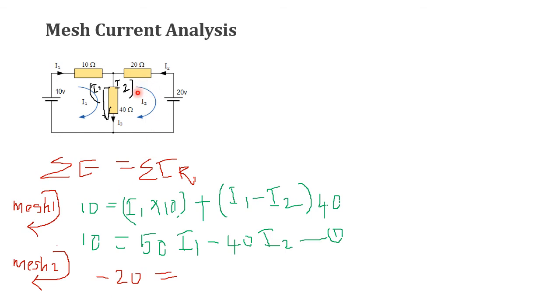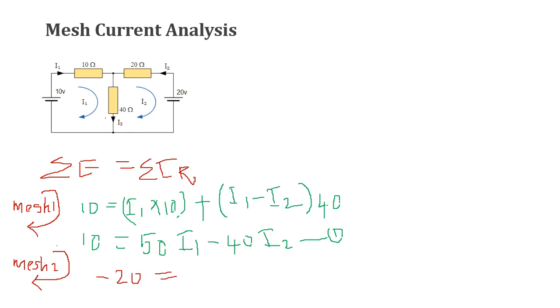Here you have to be careful about this direction, because now we need to consider the opposite direction. Earlier, in the downward direction, the resultant current was I1 minus I2, but now we need to consider the upward direction.